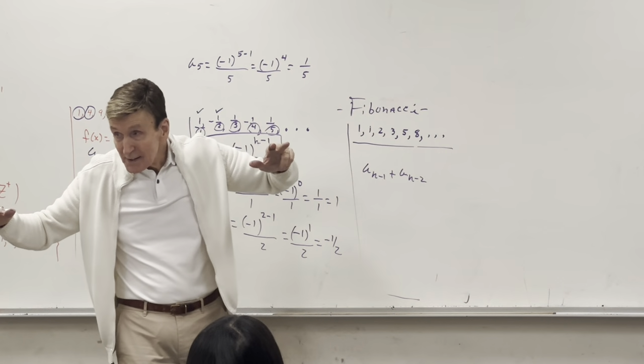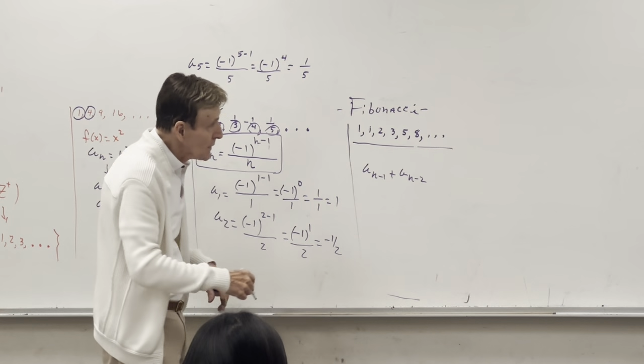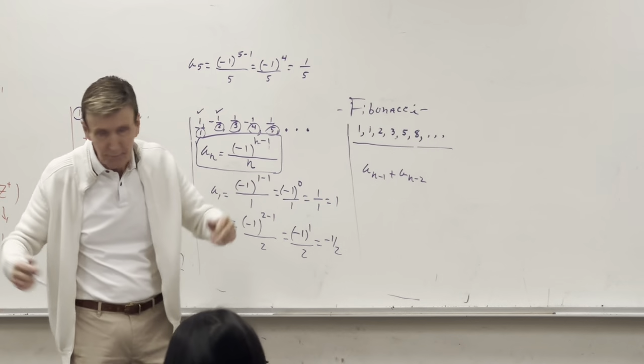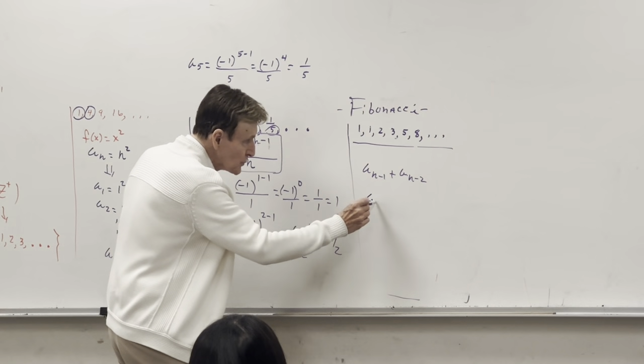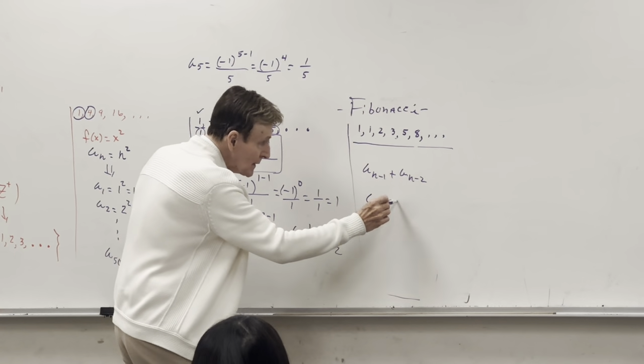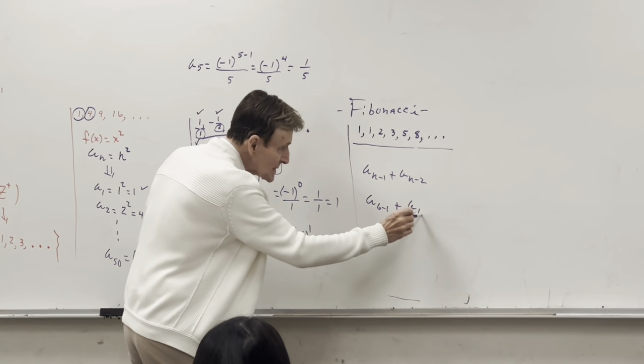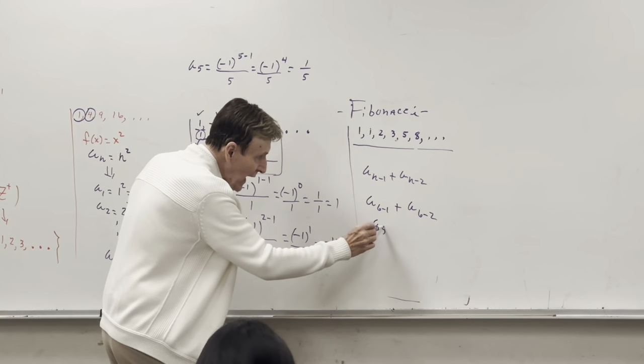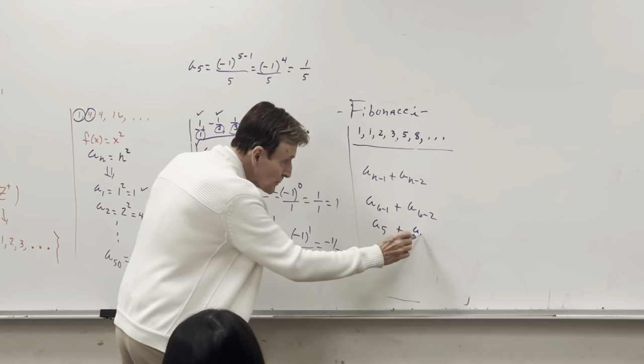If I use what June just gave me, I'm looking for the 1, 2, 3, 4, 5, 6. I'm looking for the sixth term. That would be a subscript 6 subtract 1 plus a subscript 6 subtract 2. This is a subscript 5 plus a subscript 4.